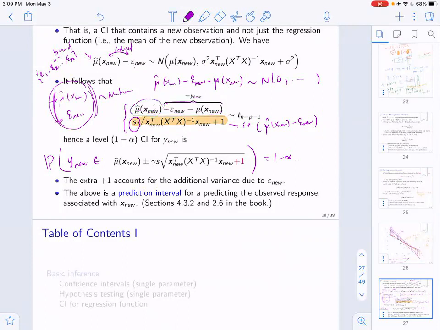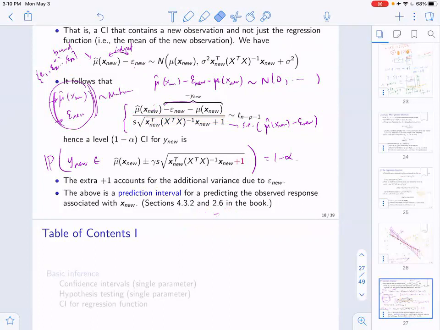This only depends on beta hat. If you go back to nu hat, x nu is just beta hat x nu transpose. And so beta hat is independent of this, which depends on just E. And so the independence goes there as well. And so that's why this becomes a t distribution. It's exactly the same as before.